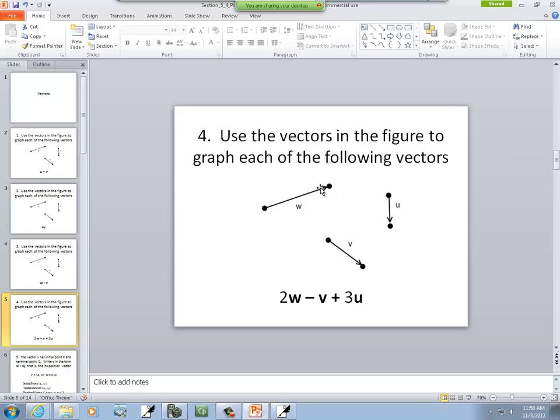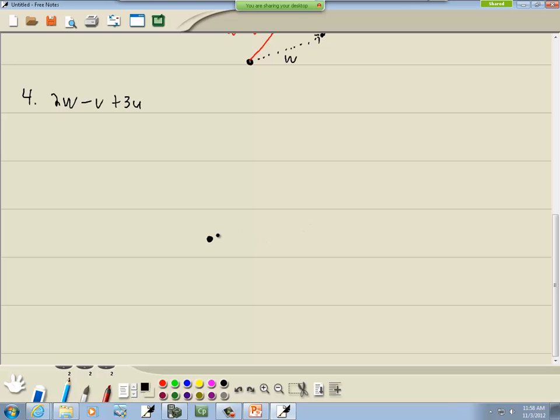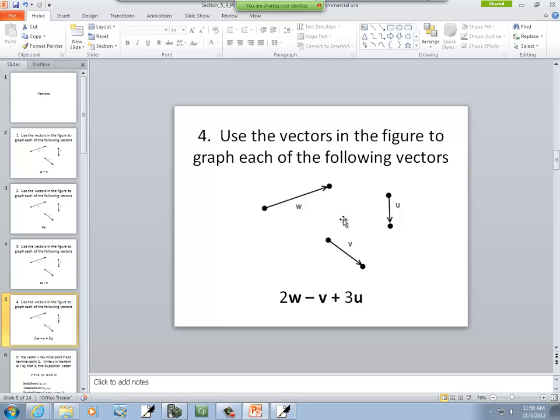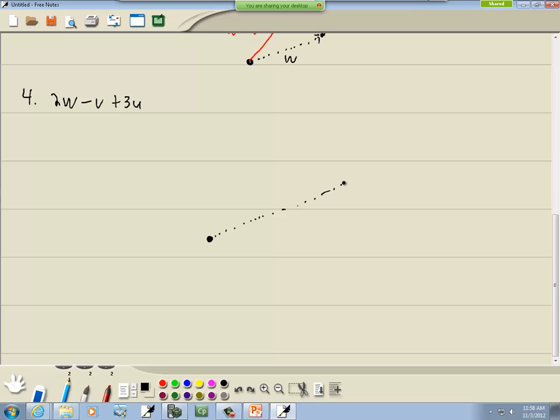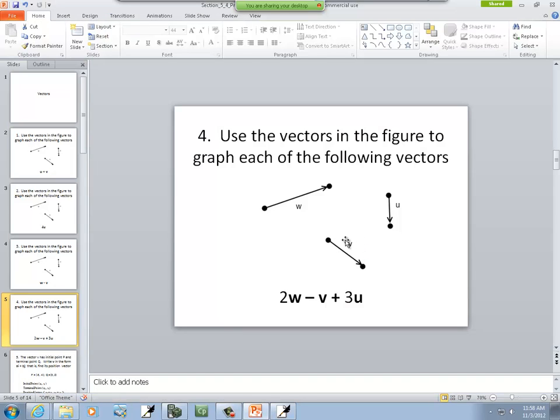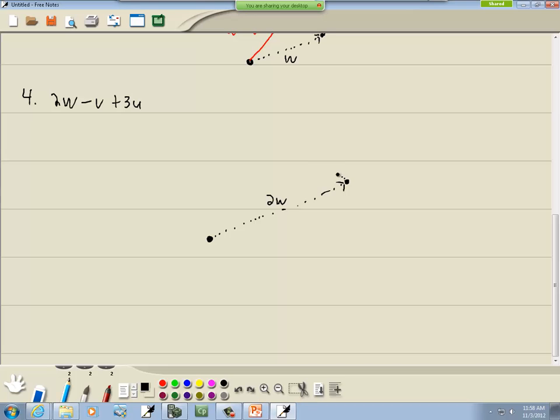So I'm going to go out this direction, and a distance twice as much as that. That's our 2w. Okay, minus v. Well, v would be down like this, so minus v would be going this direction. And that's as close as I'm probably going to get to it.